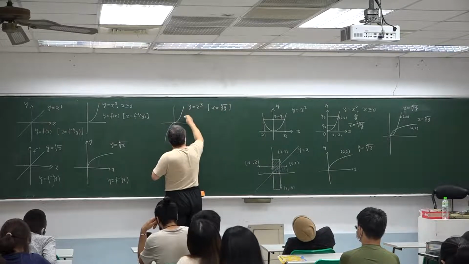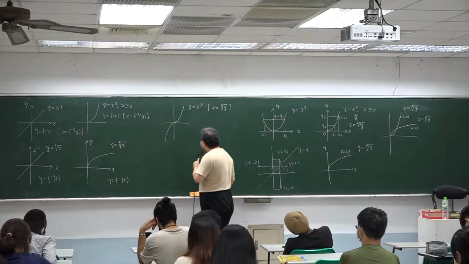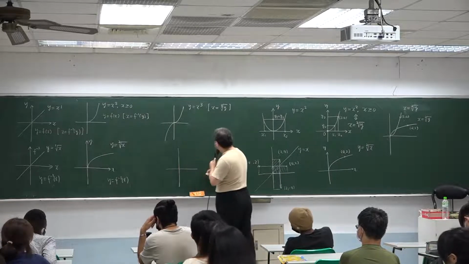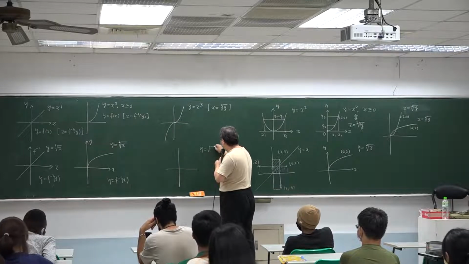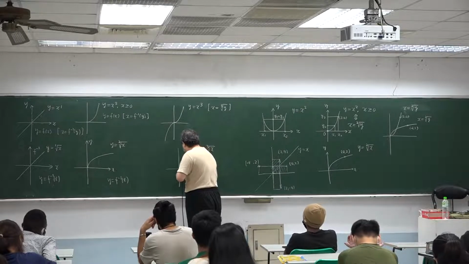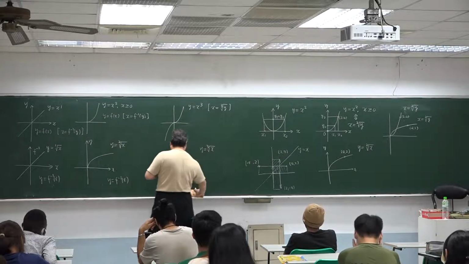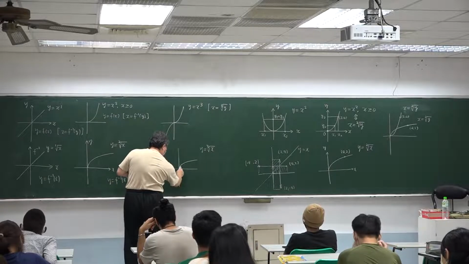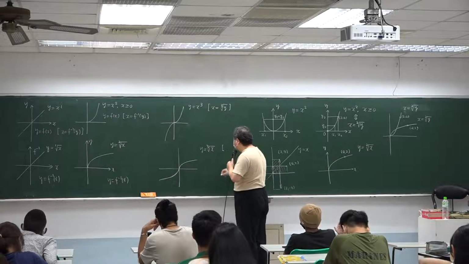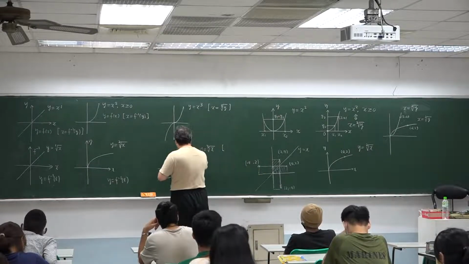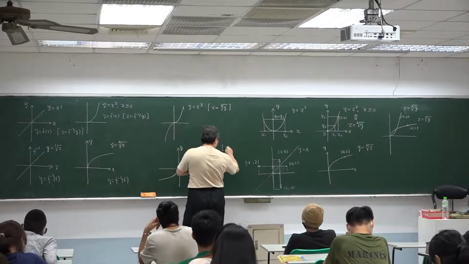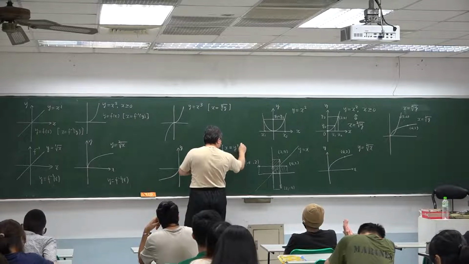So the same curve has 2 names. Another name of this one is x equals y cubed.